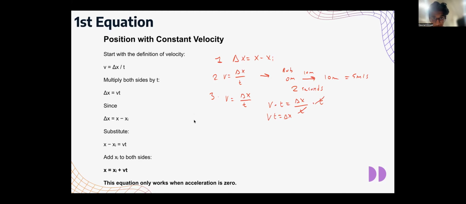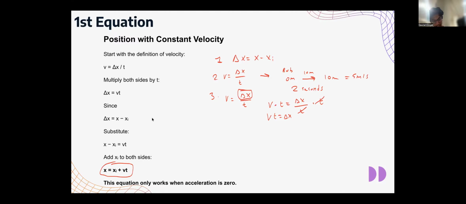A little? What part of step three do you feel like you're only getting a little, Tanish? If you're wondering why we're multiplying each side by t, it's because we want to get this distance alone, right? That's what this equation is trying to get us to do.